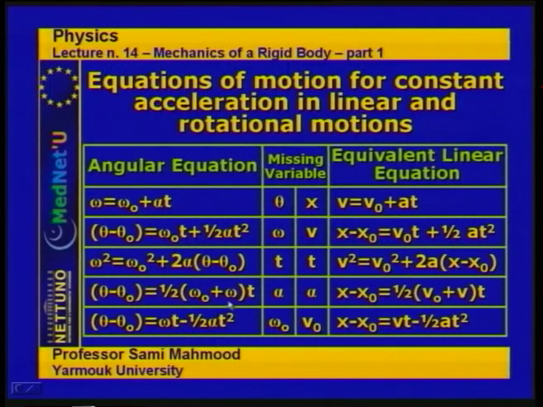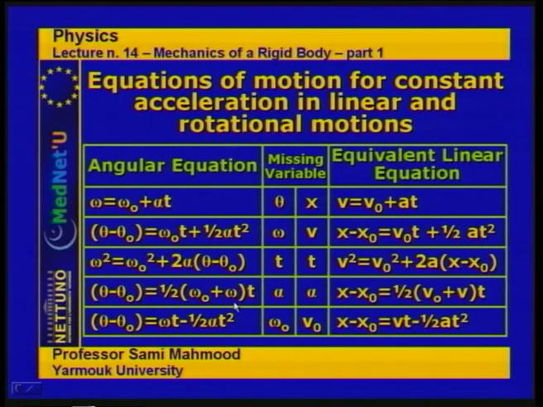The second equation, as we did in the case of the translational motion, is number 4 in the table, which is simply delta theta, theta minus theta naught, is equal to 1/2 (omega naught plus omega) times t.